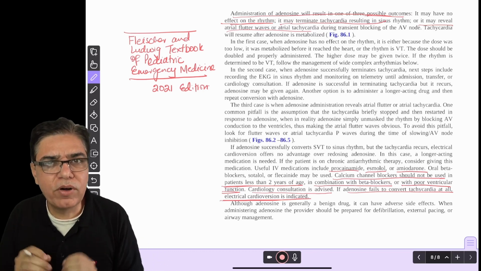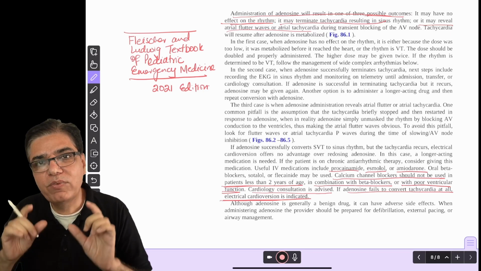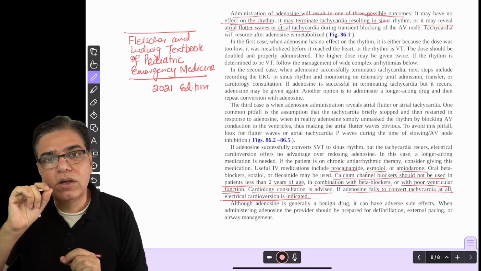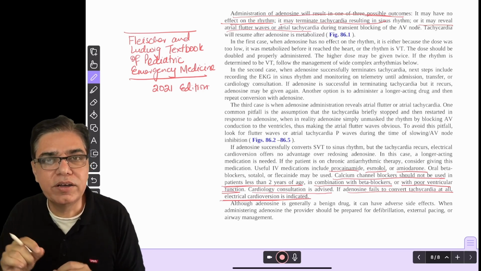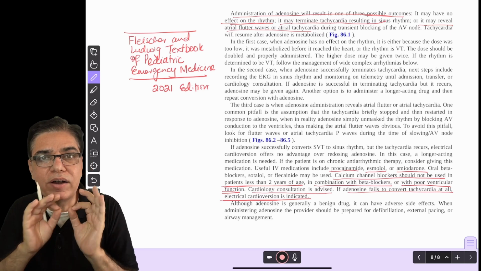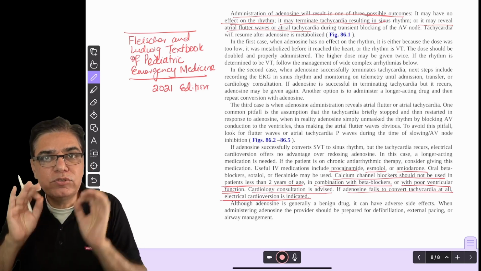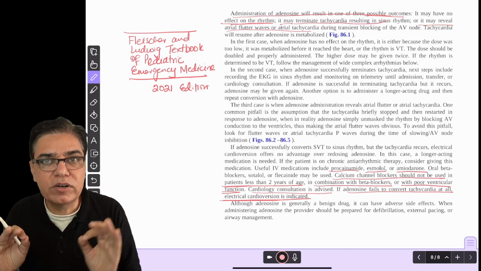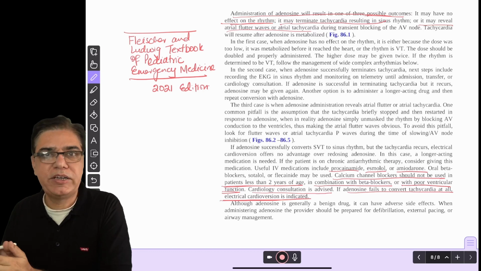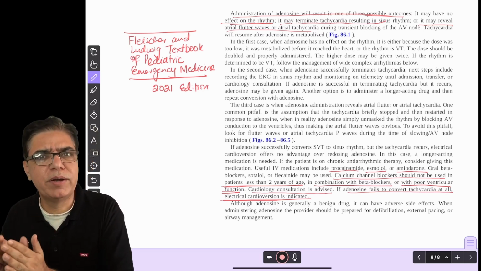To summarize, from a management point of view, it's very important that once you get the ECG rhythm and you've got a narrow complex tachycardia, see if the rhythm is regular, because you need a regular rhythm if you want to give adenosine. If you see that the narrow complex is irregular, then hold off on adenosine and rather use other medications like procainamide, or normally we recommend IV propranolol.